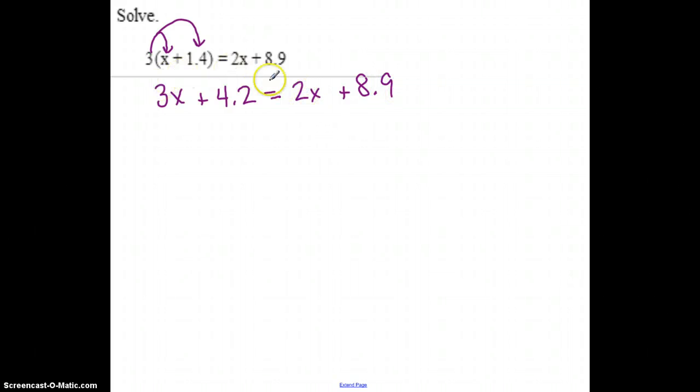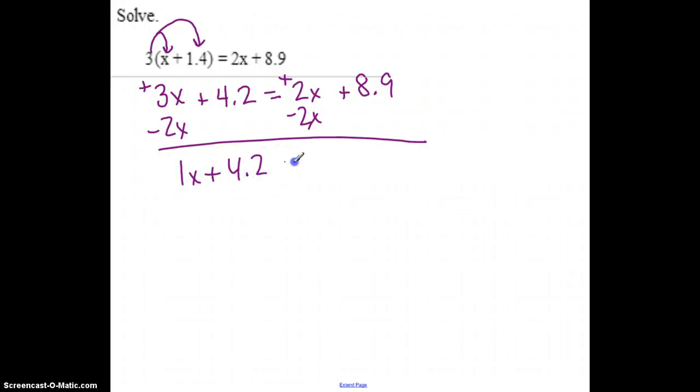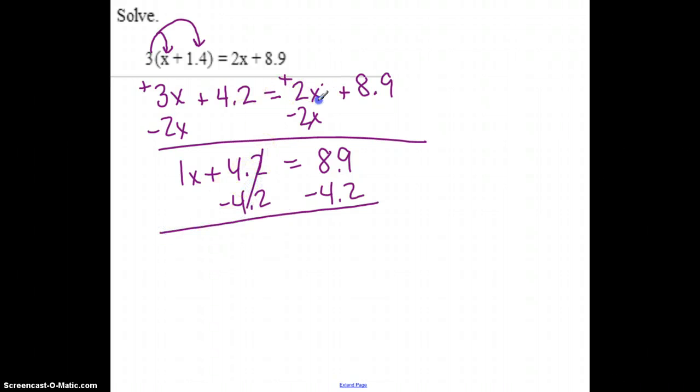Now if I look at the x's, the 2x is smaller, so I'm going to subtract 2x. And then subtract 4.2. So I get x is 4.7.